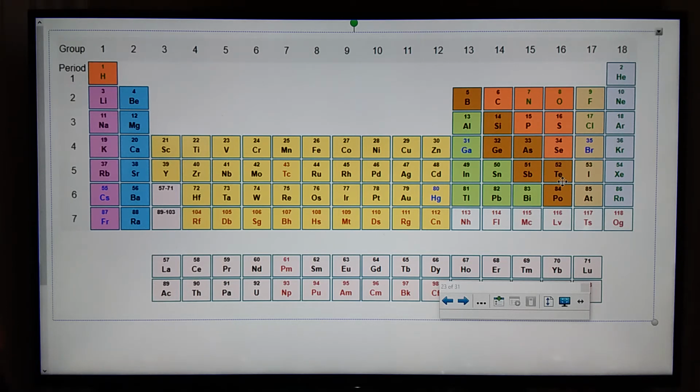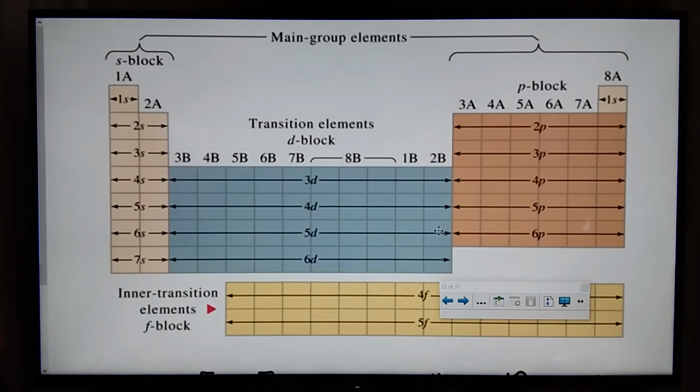So 5p, and when we go over here, this area is the d orbital, and the d orbitals are always one number less. If I'm in the 6p here, I go to 5d. With tellurium, I'm in the 5p, so the next one is 4d, and then I keep working back: 5s, and then I go up and over.